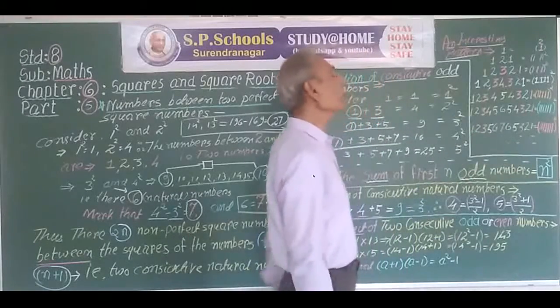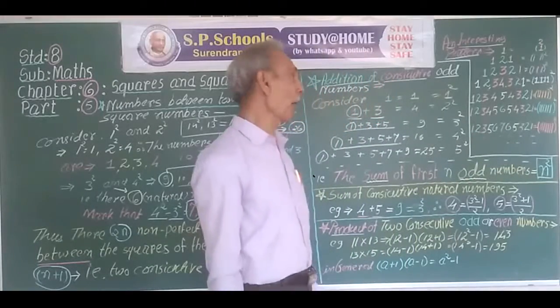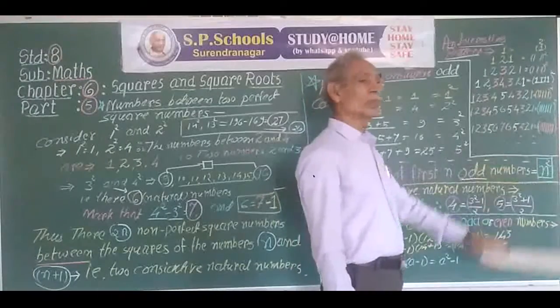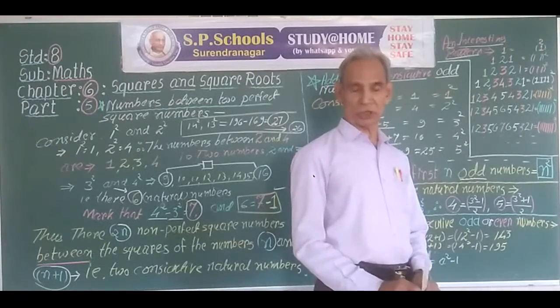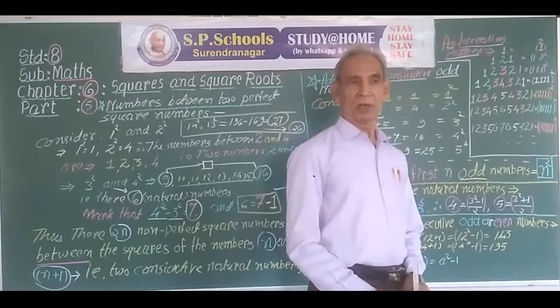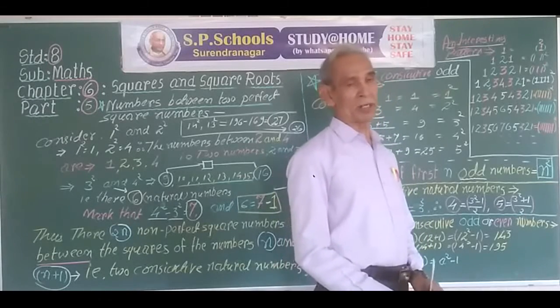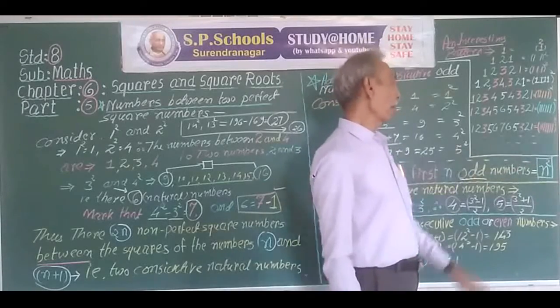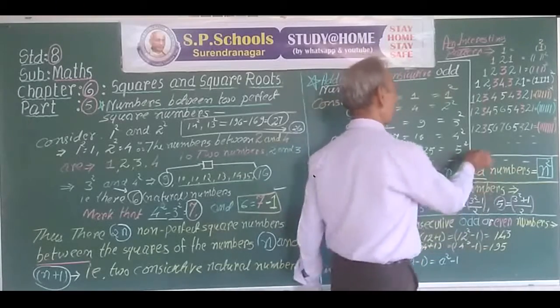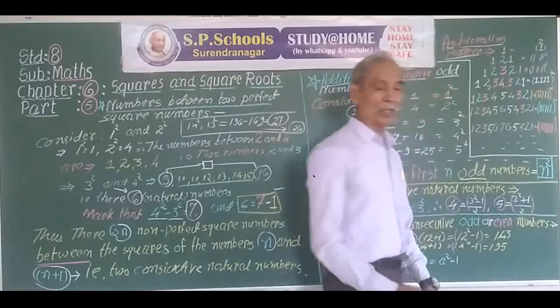This is an interesting pattern to find out the square of a number in which all places, units place, tens place, hundreds place, thousands place, are occupied by 1. So try to understand this, practice and enjoy.